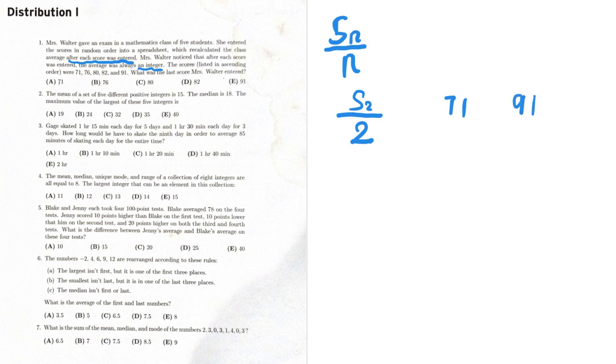We know odd plus odd is even, so the sum of 71 and 91 is divisible by 2. Or even plus even.